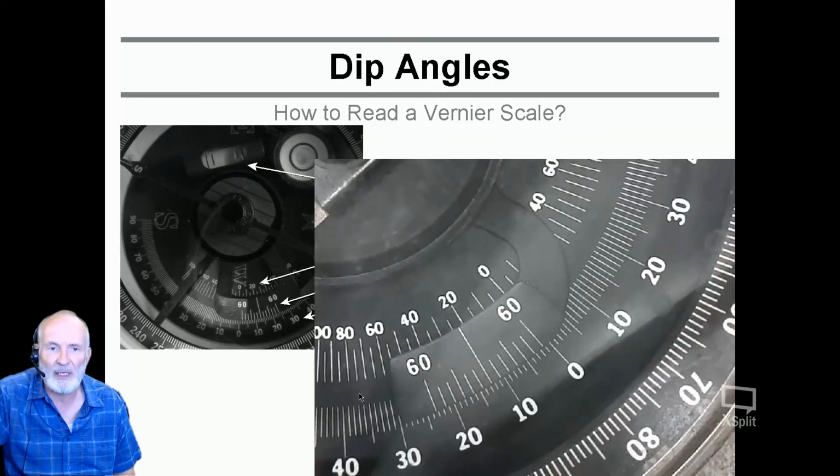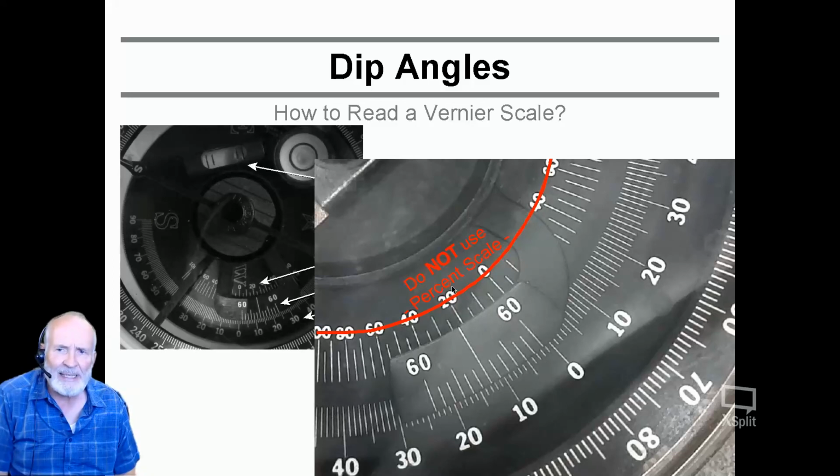All right, so here is my little zoom-in enlargement. First of all, a little background here. Do not use this scale. This is a percent slope scale. This is rarely used. You use this one in constructing roads, like the road sign when it says you have a 12% gradient on that road or 8% gradient.